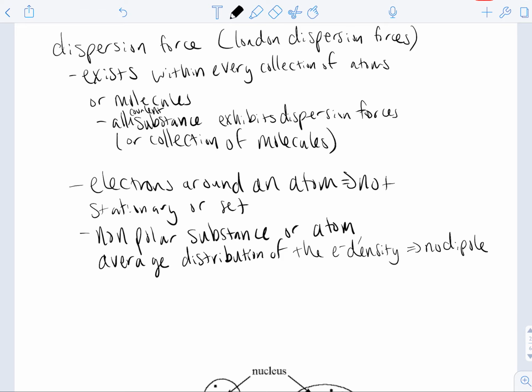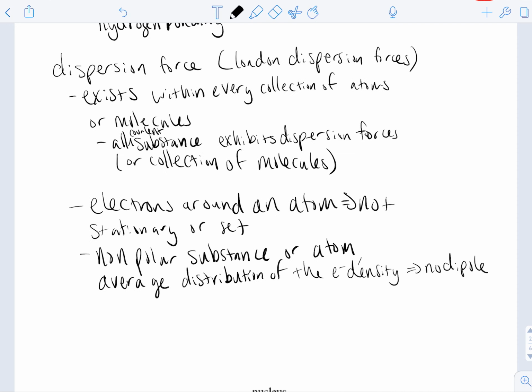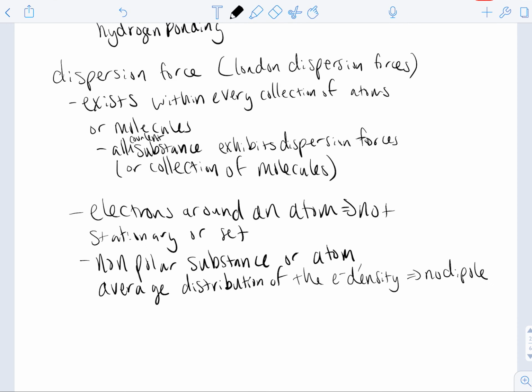Okay, so we can take xenon, for instance. Xenon gas is composed of a bunch of xenon molecules, or sorry, xenon atoms, and they have 54 electrons, right? So each xenon atom has 54 electrons.